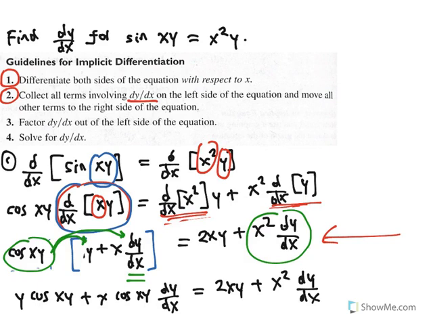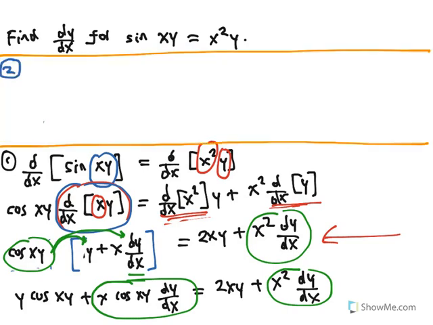And now I can see that these are the two terms that have dy dx in them. And step 2 says collect all terms involving dy dx on one side of the equation and move all other terms to the other side of the equation. So we'll do that, and then we will factor dy dx out of the two terms on the left side of the equation, and finally solve for dy dx.